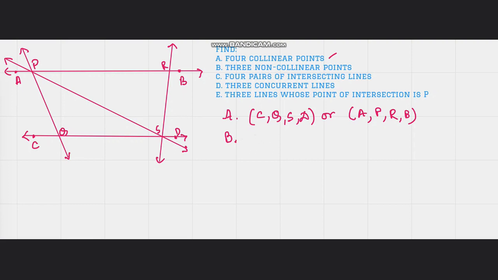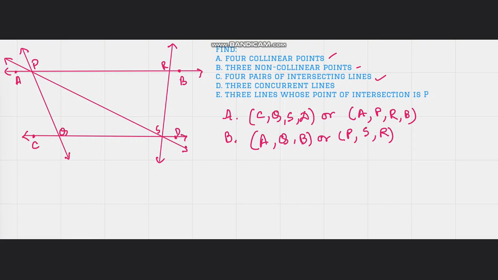I'm taking here points A, Q and B, or you can take P, S, R. There are other points also, you can take any one. So this is done.